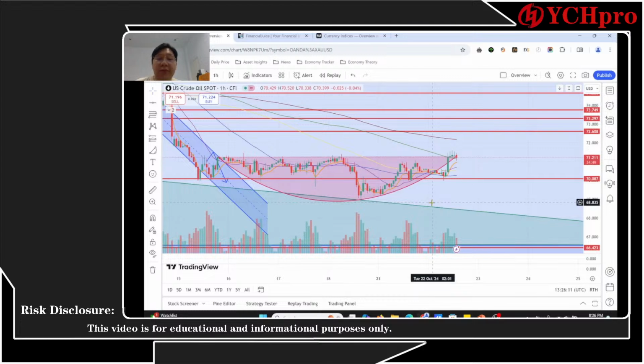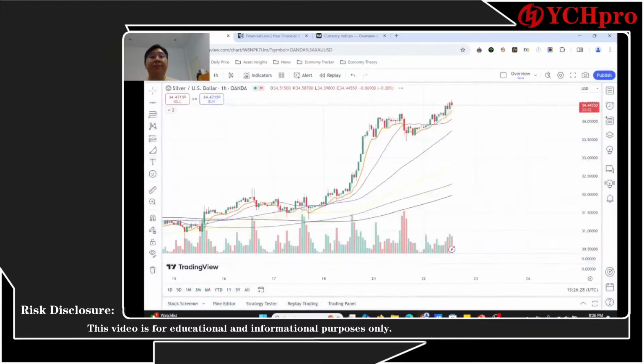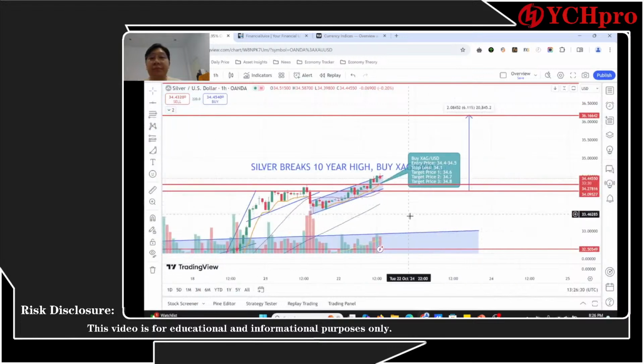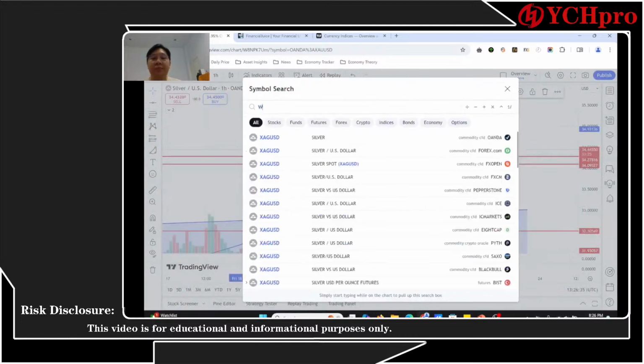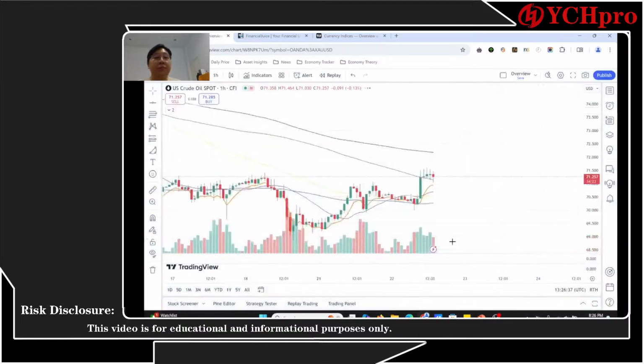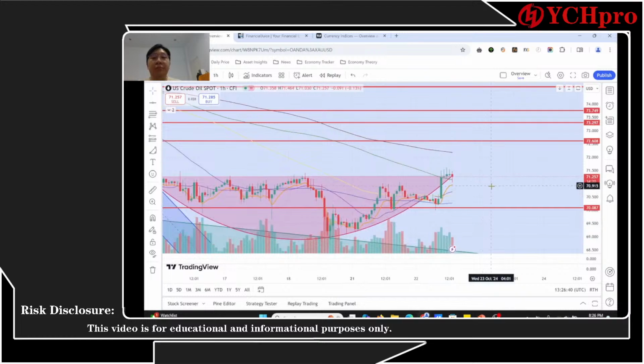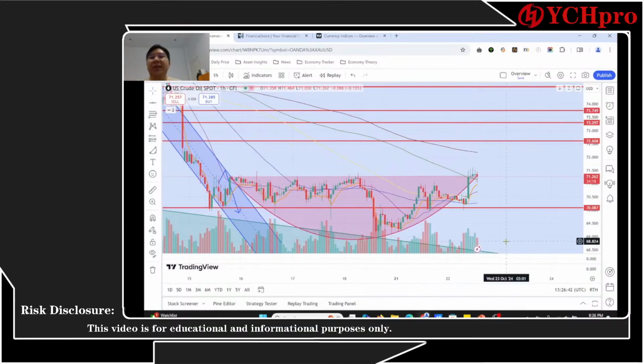Wow, that's a big drop. And bullish, guys: gold, silver, you name it. Okay, you guys could start buying positions on this US oil.